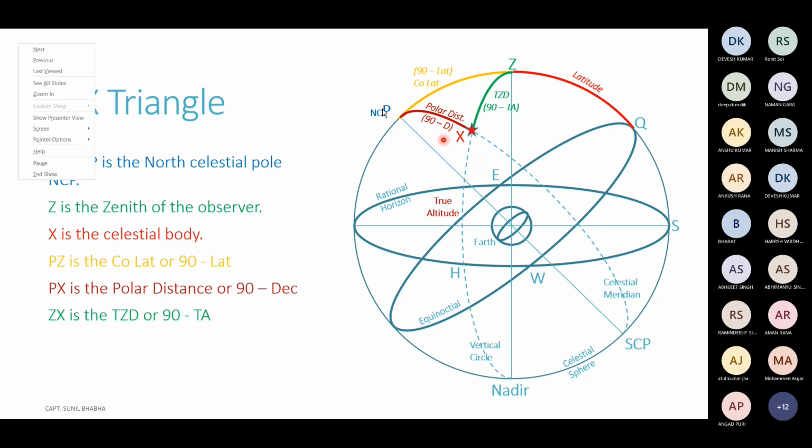All clear? Yes, sir. Okay, all right. So this is the same PZX triangle which we have been doing from pre-C times. So we have more or less completed. We have seen the three parts of the triangle. So these are the three sides of the PZX triangle.